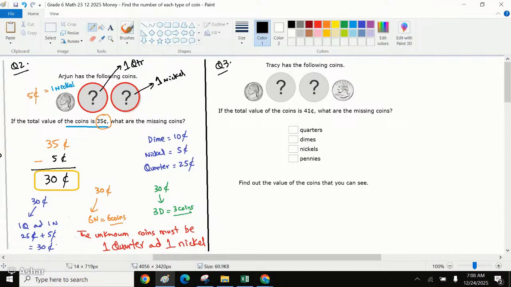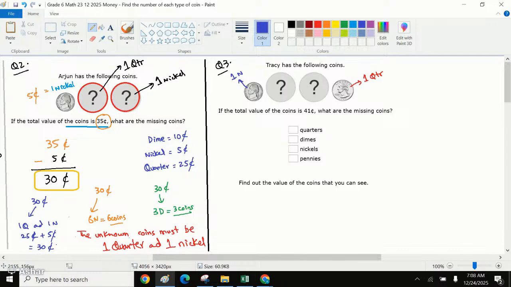So what we can see over here is, can we say this is a quarter? If this is a quarter, right? And what was this? This was 1 nickel, right?